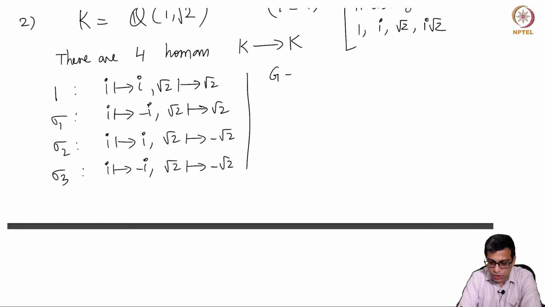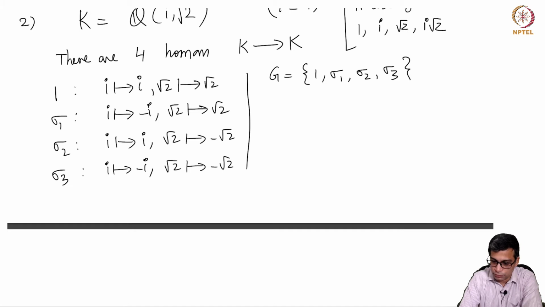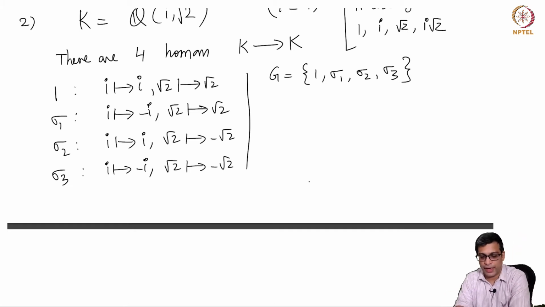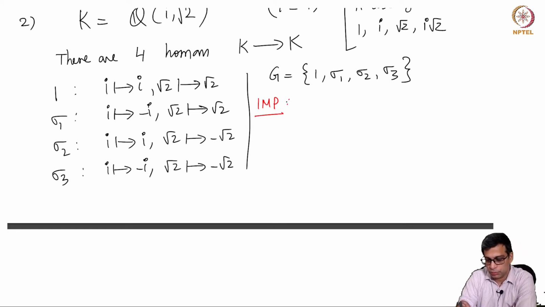And I am going to use G for all of them. It is no accident that I use the letter G as opposed to the letter S, because G is a group. This is an important point. G is a group.